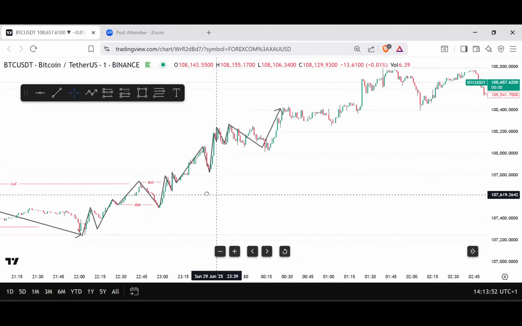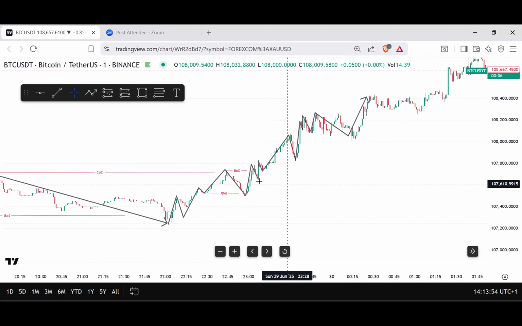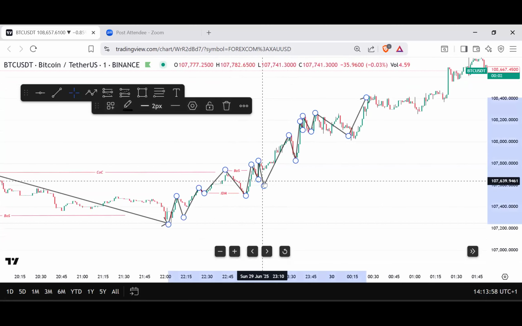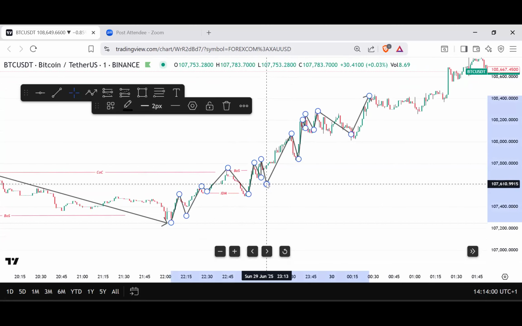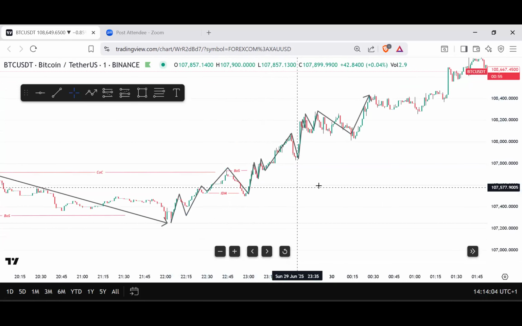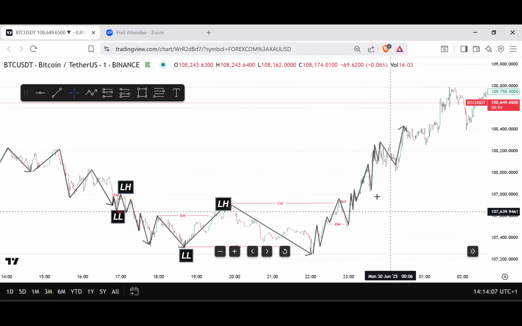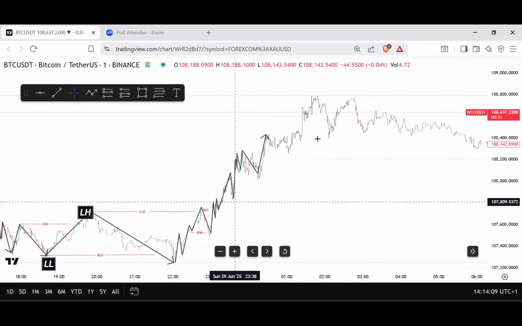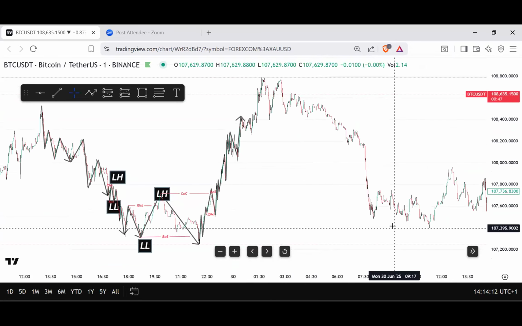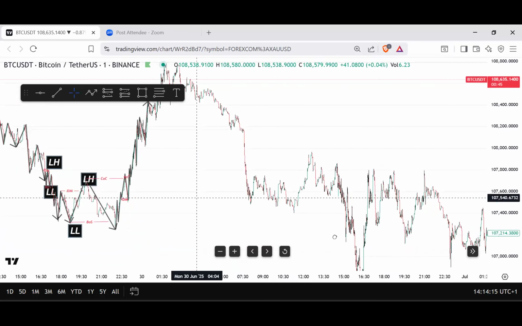Now you can see that after we confirm the break of structure, down to up, the price keeps going up. It kept going up, then it came back. So that is basically what we want to see.